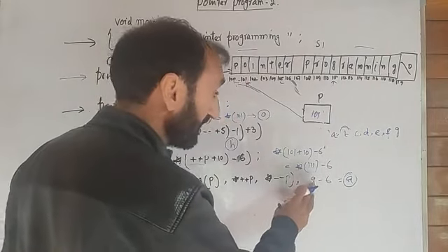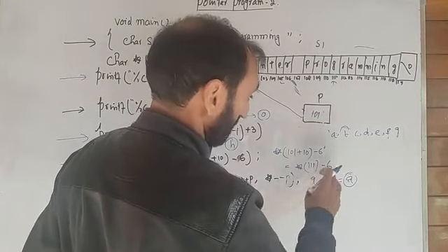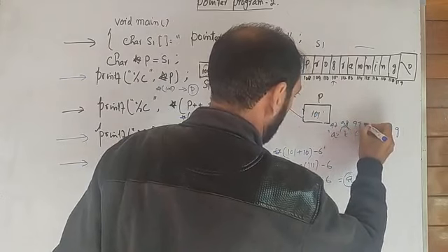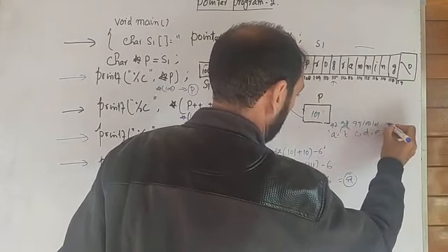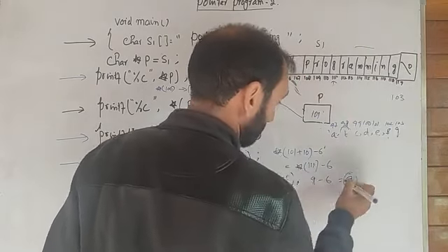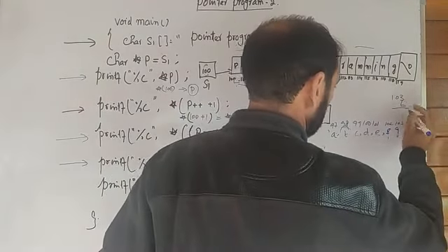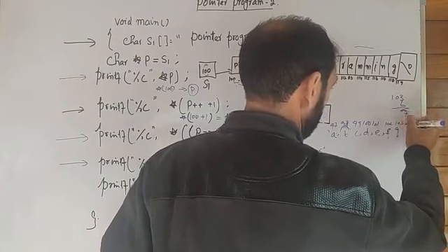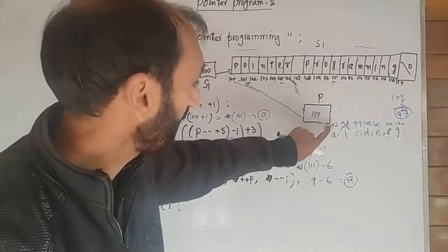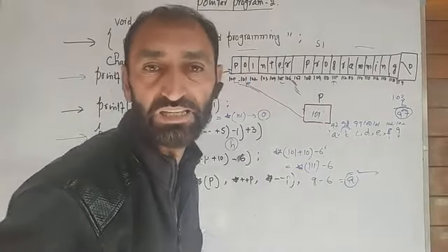What is the ASCII value of G? 97, 98, 99, 100, 101, 102 and 103. That means 103 minus 6 is 97. It will return 97. And obviously the ASCII value 97 is the ASCII value of small a. So it will return this a.